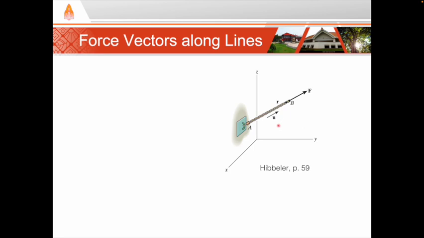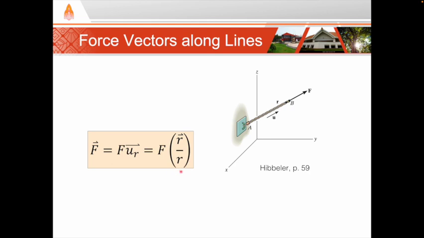We know that the vector force F is equal to the magnitude of the force F times the unit vector of the direction vector r. In other words, the magnitude of the force F times the direction vector r divided by the magnitude of it.